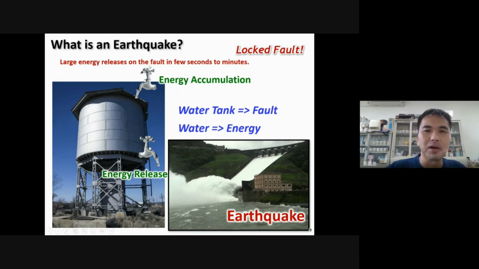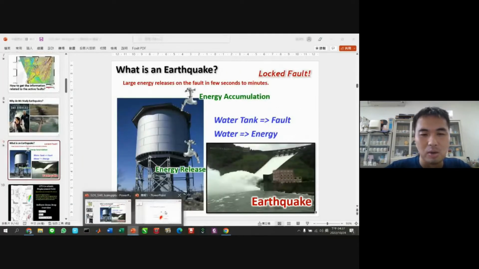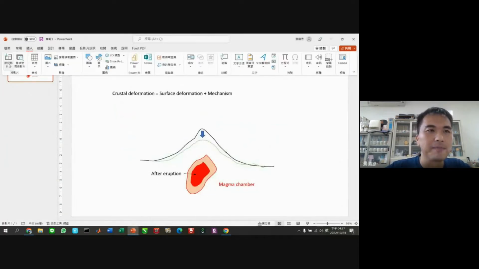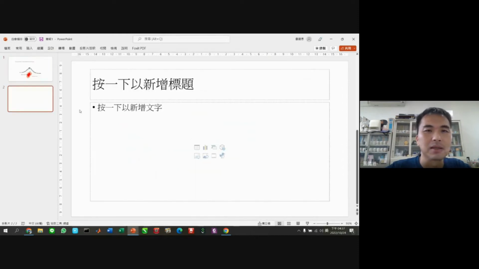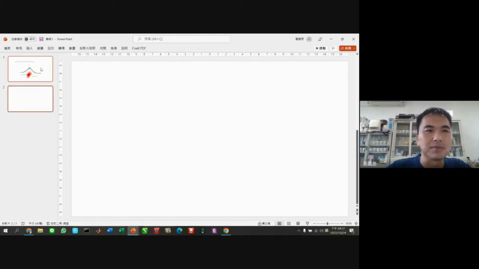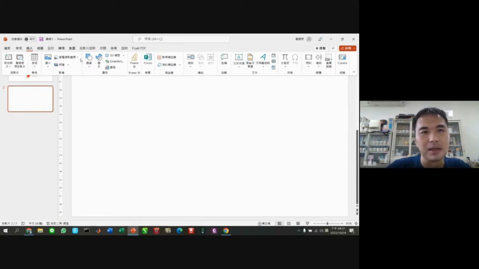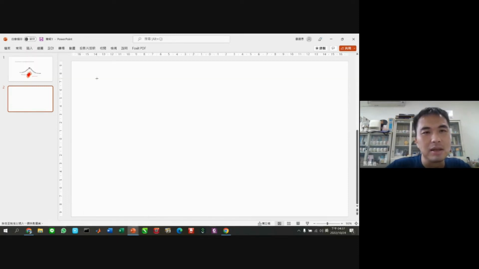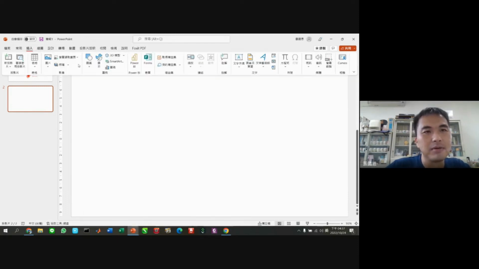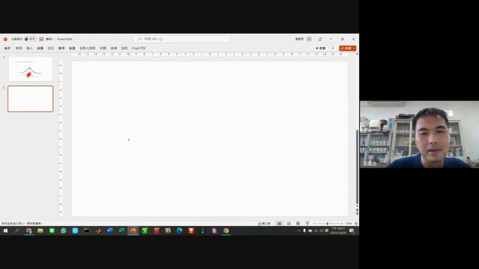And if we want to study how much energy is accumulating on the faults, then there is the interseismic deformation study. So what are co-seismic and interseismic? Here is a very simple idea.